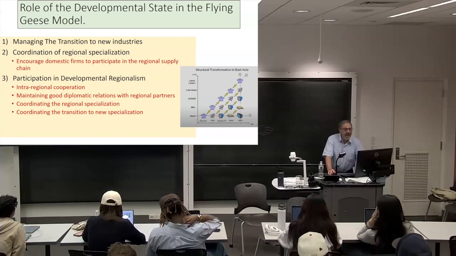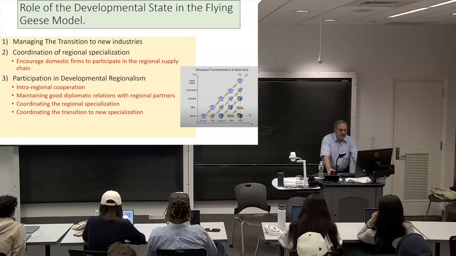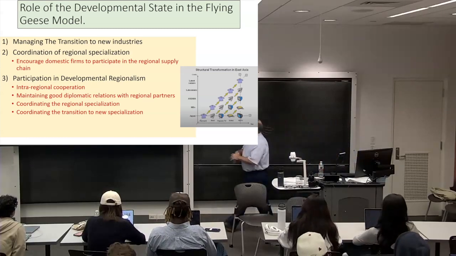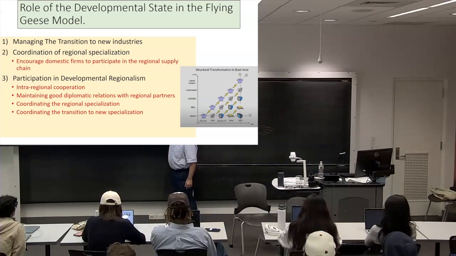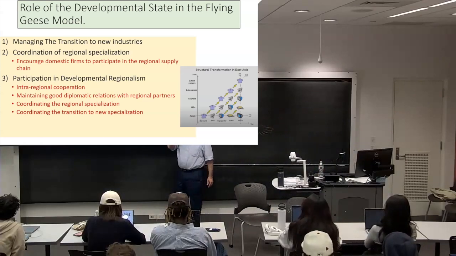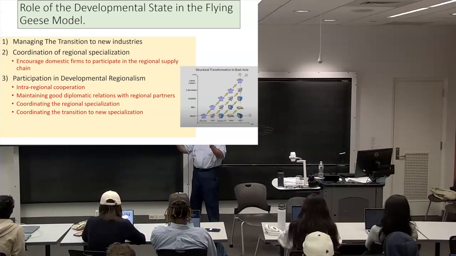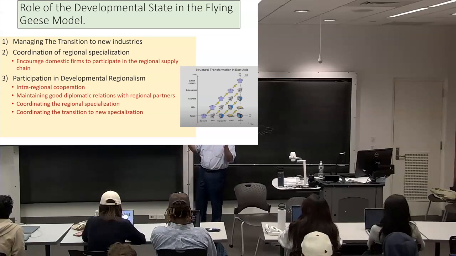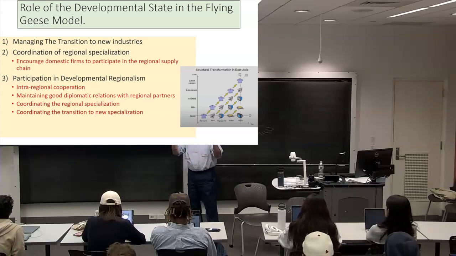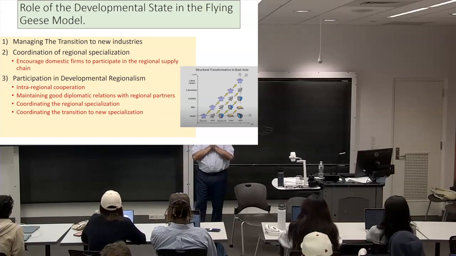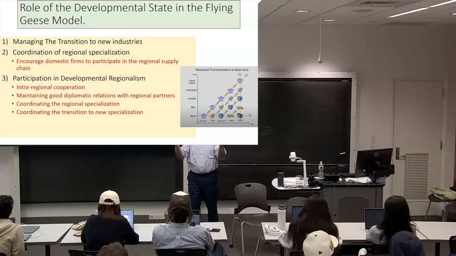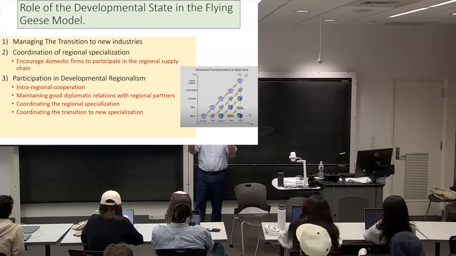So another thing that happens is that this model tells you that each country, for example, is involved in one industry. Another thing that happens with advanced industry is that it becomes a multi-country global production process, because that is competitive. So take the automobile industry.